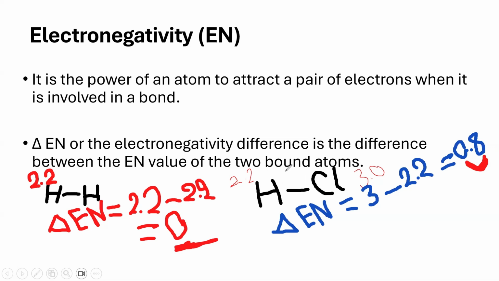So it will be polar covalent or ionic, depending on the value of the electronegativity difference, which means the type of bond can be classified according to the electronegativity difference.